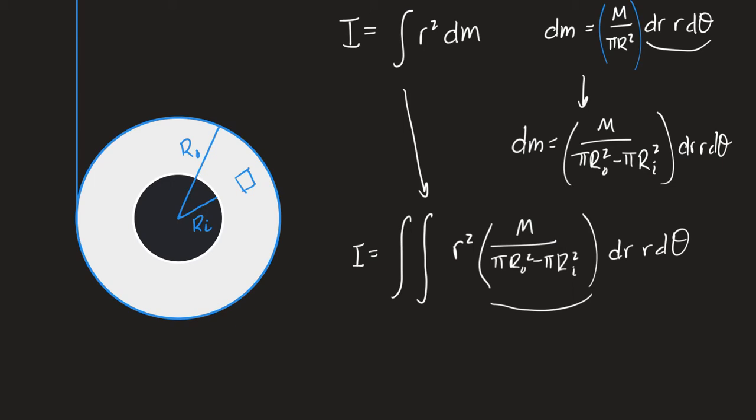Being, say, here, the size of the square there, well, there's going to be one of those everywhere around the 2 pi. There's going to be one of those everywhere from the inner radius to the outer radius. So I don't have theta and r connected together.